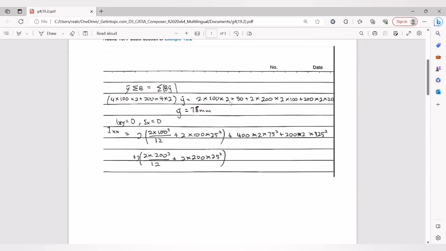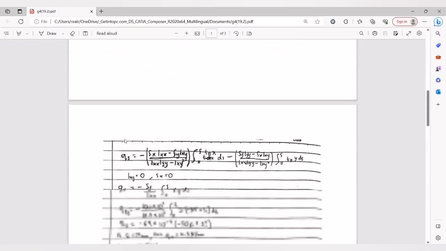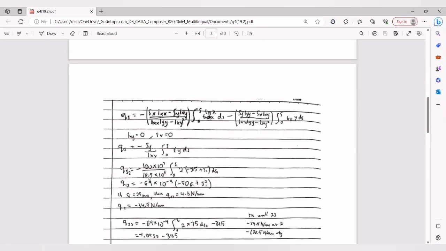After that, we get Ixx equal to 14.5 times 10 to the power 6.